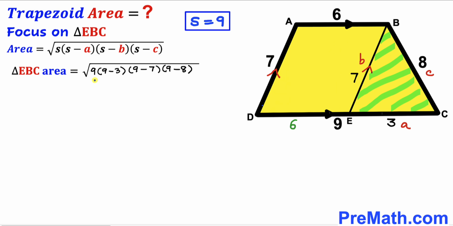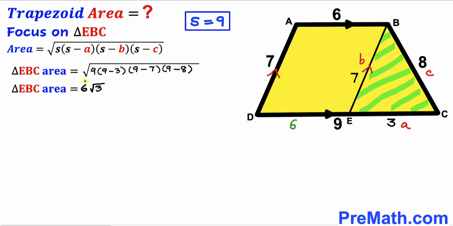So let's simplify. That is going to give us 9 times 6 times 2 times 1, as you can see in this next step. And if we multiply the radicand, that is going to give us the square root of 108, and that is going to be equal to 6 times the square root of 3 square units.